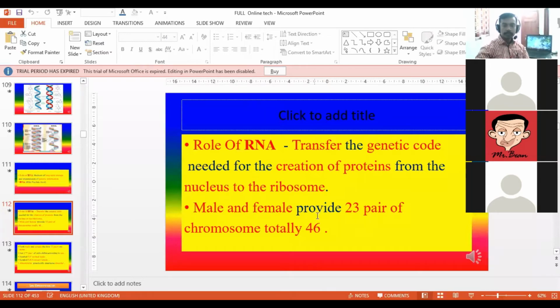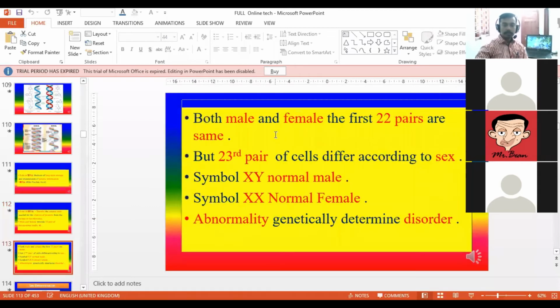Male and female have 23 pairs of chromosomes, totally 46. In both male and female, the first 22 pairs are the same chromosomes, but the 23rd pair determines sex.